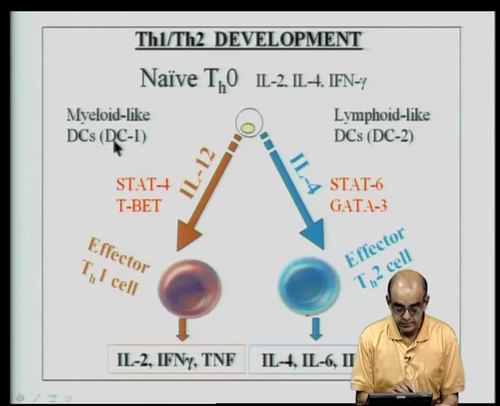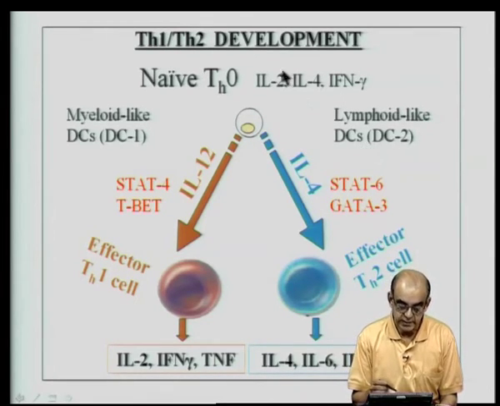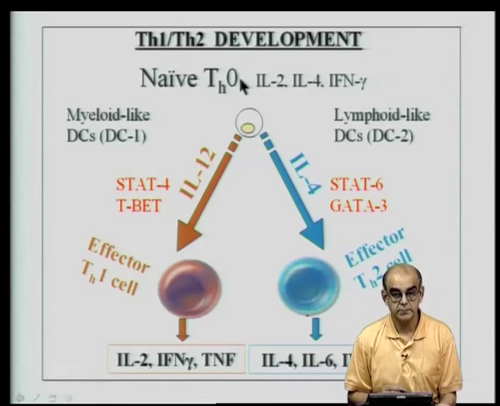Now, there are two types of dendritic cells, which are antigen presenting cells, which drive the development of the Th0 cells, or precursor T cells, to finally the effector T helper cells.